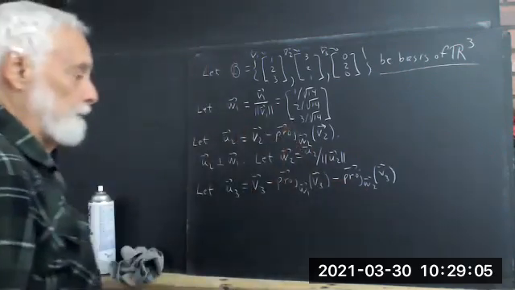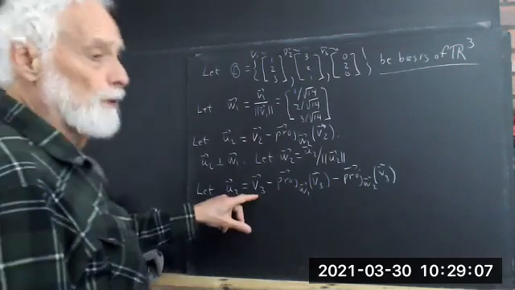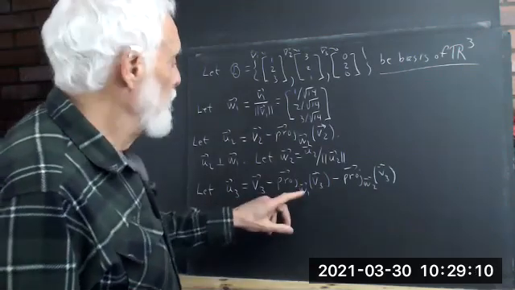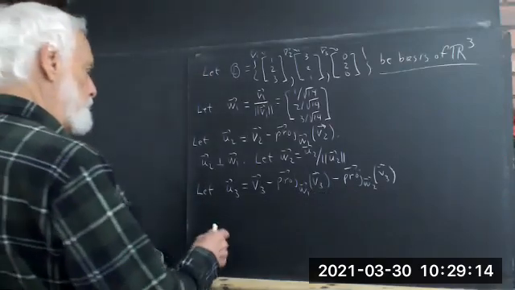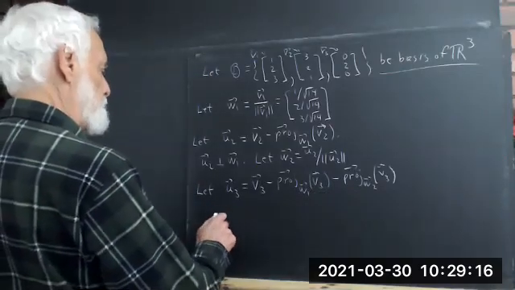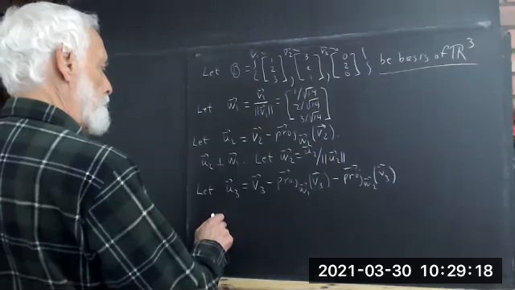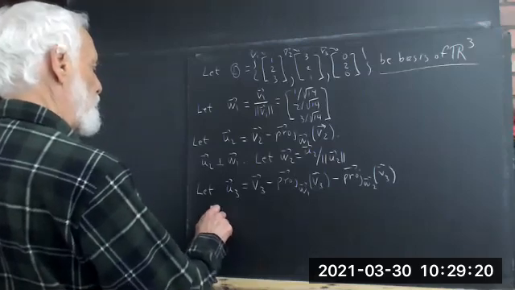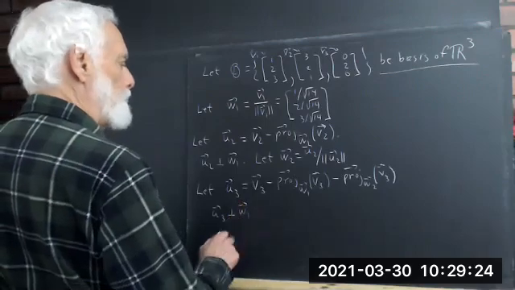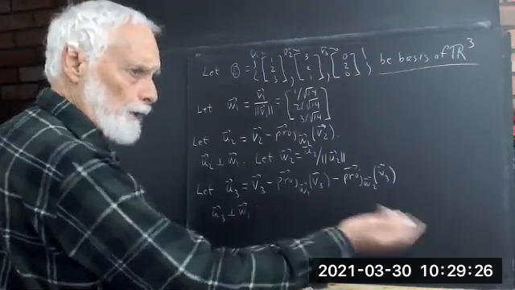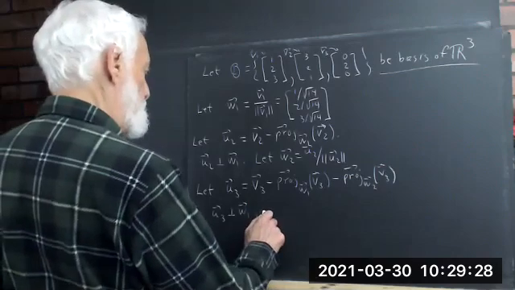And we have it, okay? We have what's left, which has to be perpendicular to both W1 and W2. So U3 is perpendicular to W1 since we subtracted off the part that's parallel to W1.